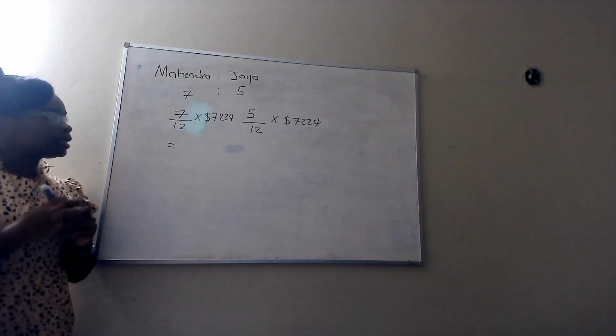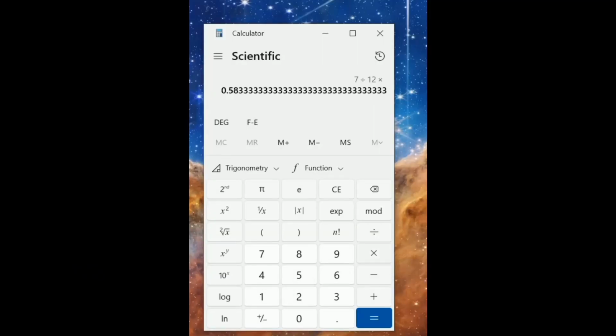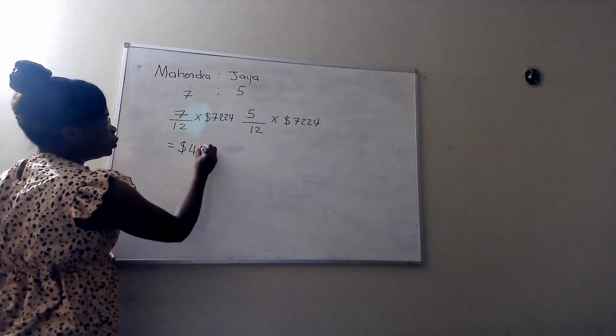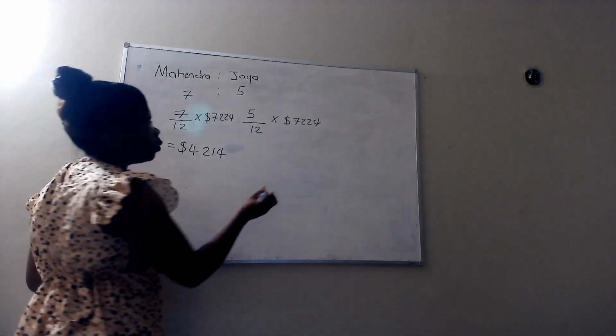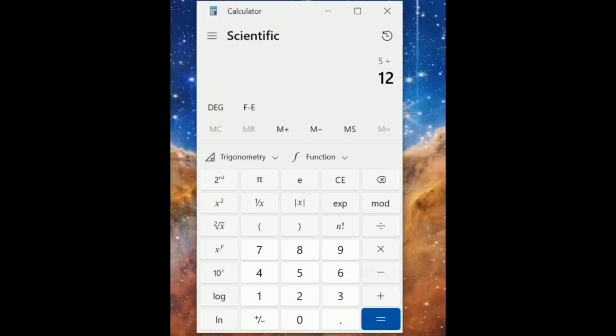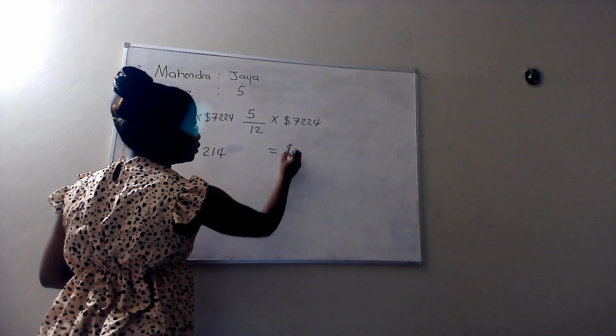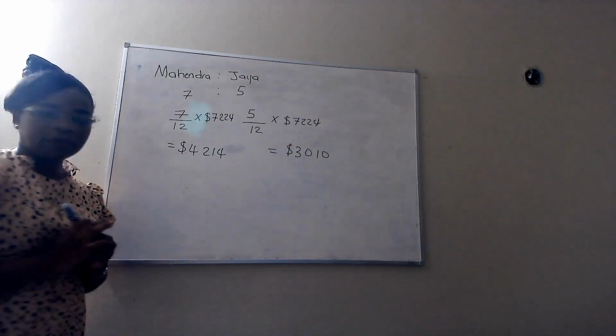So let's punch that into the calculator. That's $4,214. Now let's work out what Jaya got: 3,010.